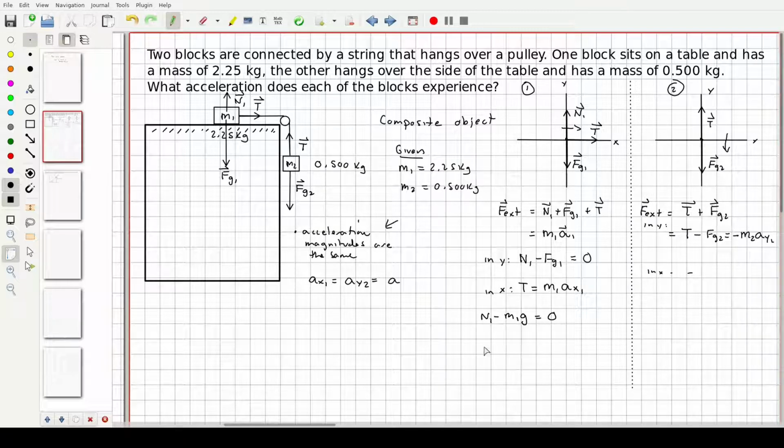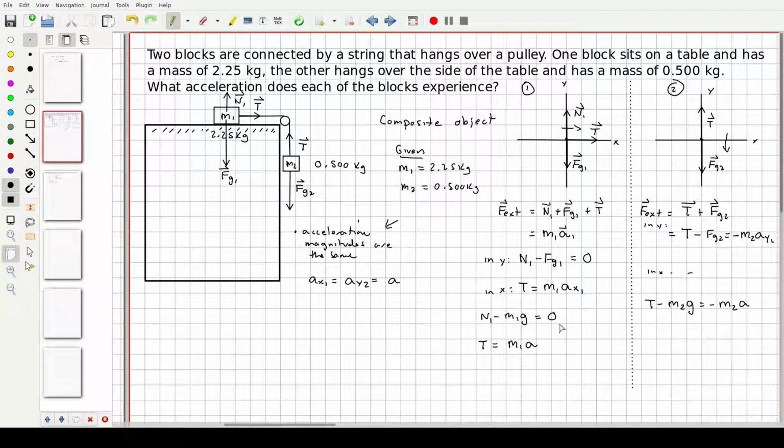This equation right here says T is equal to M1 times A. All I did was just change this to A since they're both the same magnitude. This one right here, when you rewrite it, says the tension minus M2 times G, so that's the other weight, is equal to minus M2 times A.